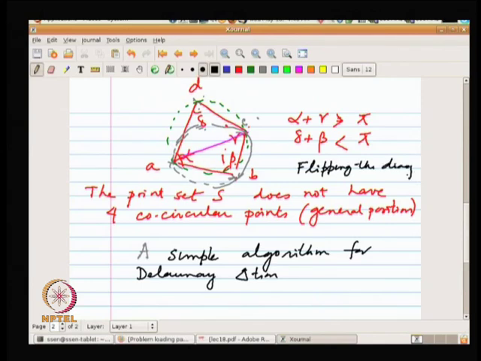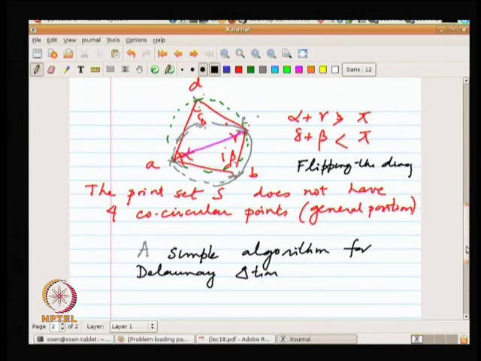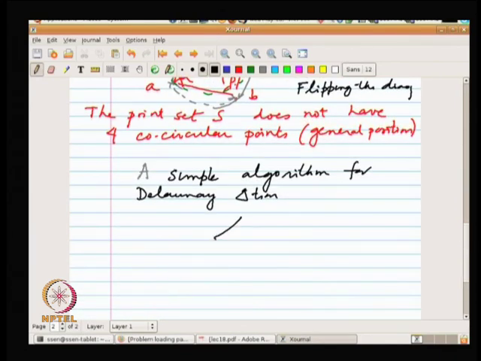So we take two triangles that share an edge, and if the two triangles do not meet the specification of a Delaunay disk, that is, the disk is not empty, then we flip the diagonal. So from this situation, we go on to the other situation.